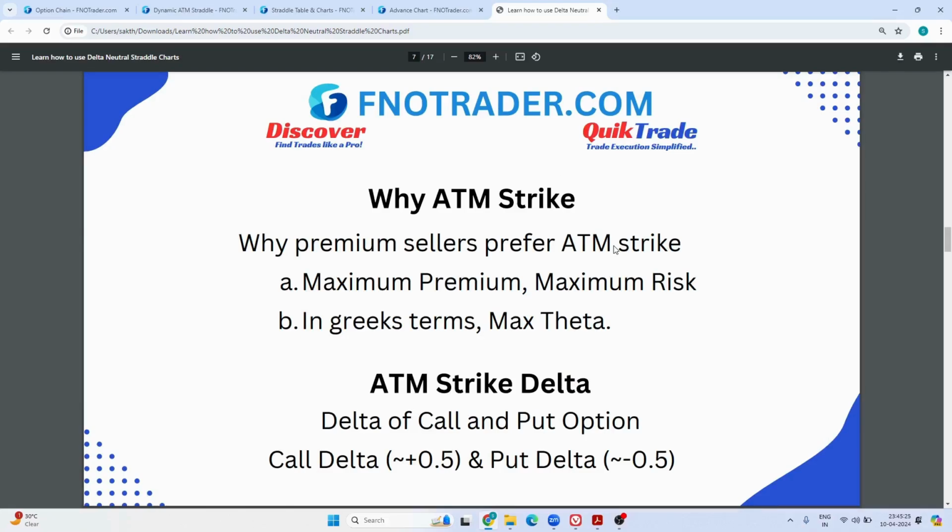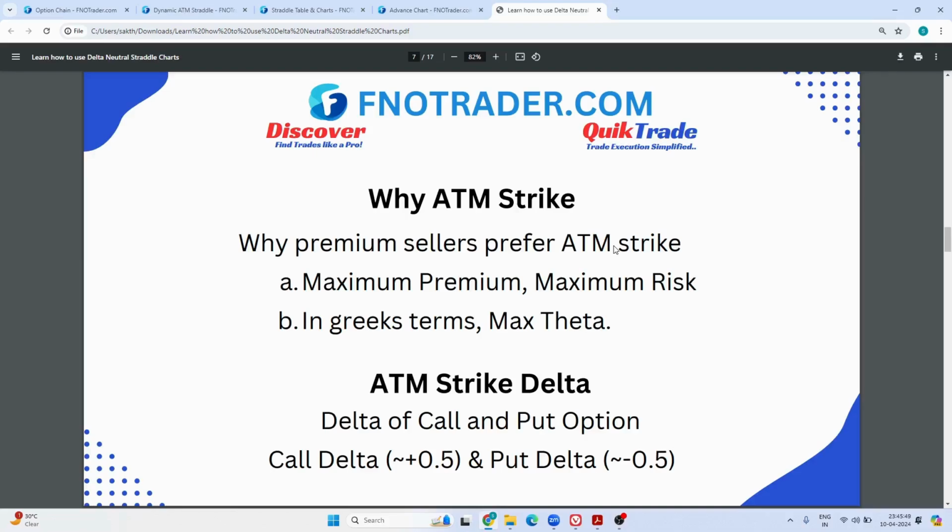So why do we prefer the ATM straddle? Because the premiums are higher on the ATM. We will look at it shortly in an option chain, where the premium is higher on both the call and put side. So that is why premium sellers prefer the ATM strike.